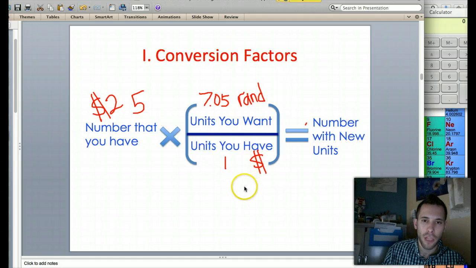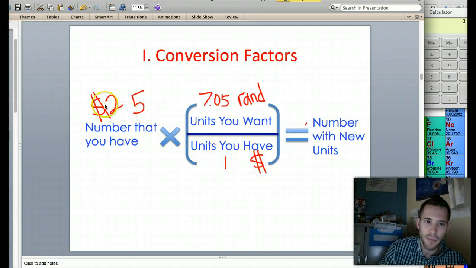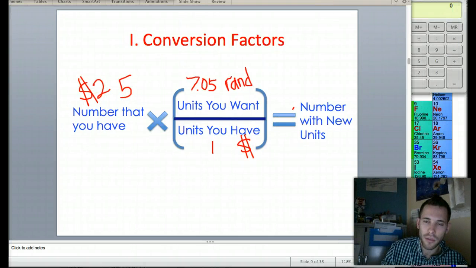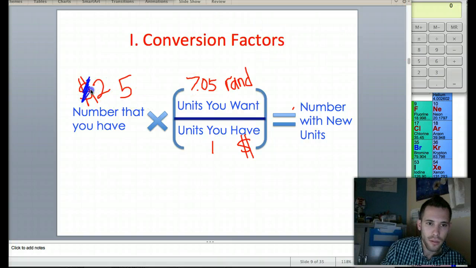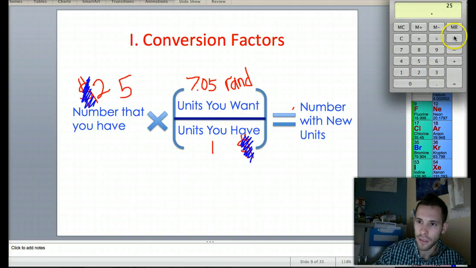Now, if we have a little math refresher, we remember that when you have units on the top and the bottom, you can just cancel them out. So in this case, these two dollar signs would cancel out. And I'd be left with 25 times 7.05 over 1. What's the answer to that? Let's find out. 25 times 7.05.